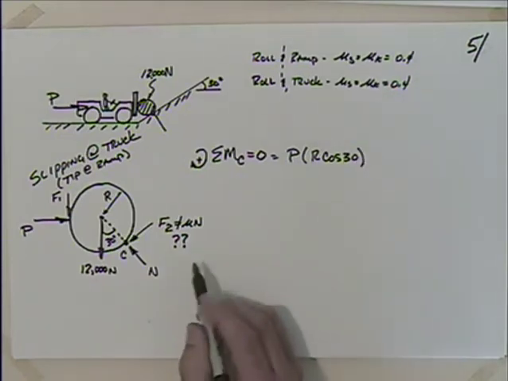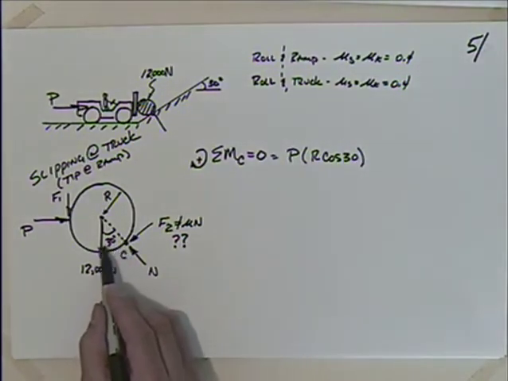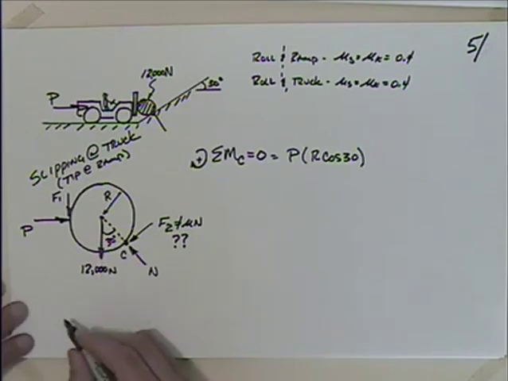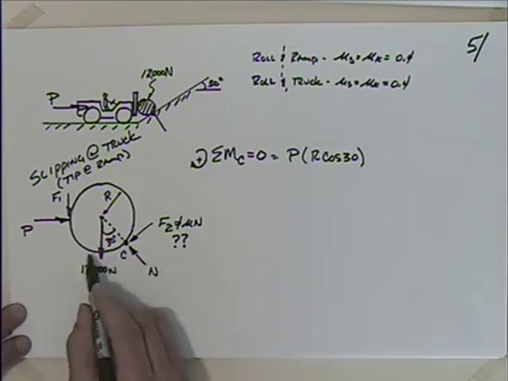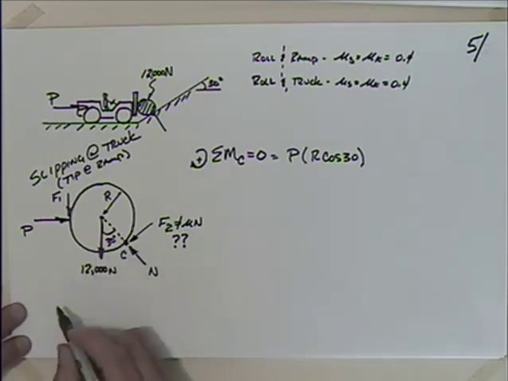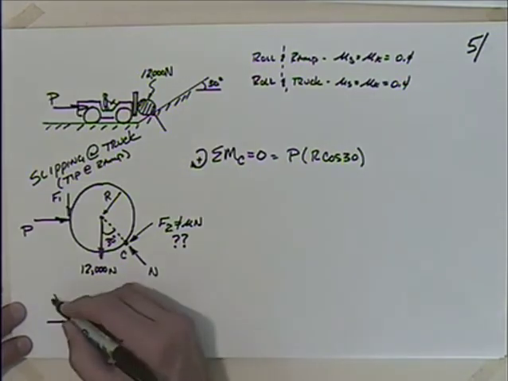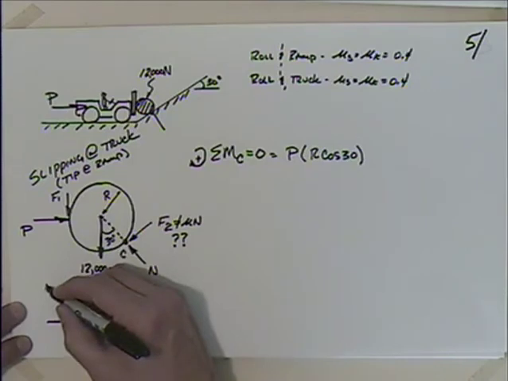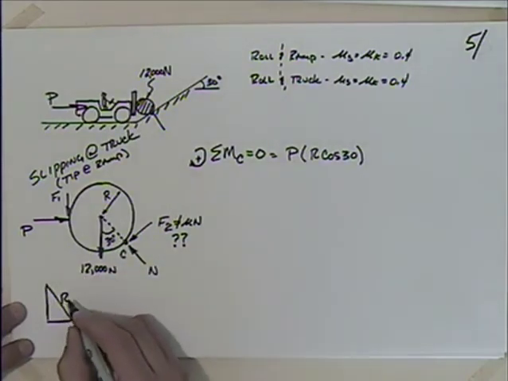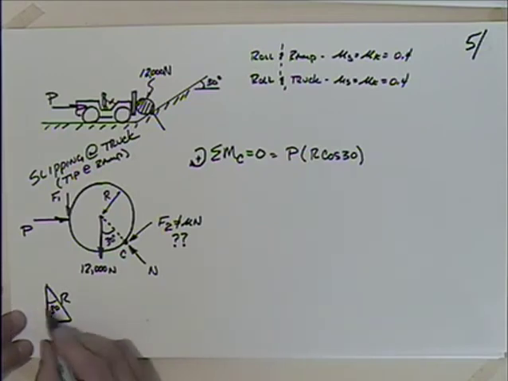Is that right? Yeah, I mean, I'm just looking at a triangle there. I have a triangle, this distance here. This would be R. This is 30. So this distance is, of course, R cosine. This is sine, isn't it?